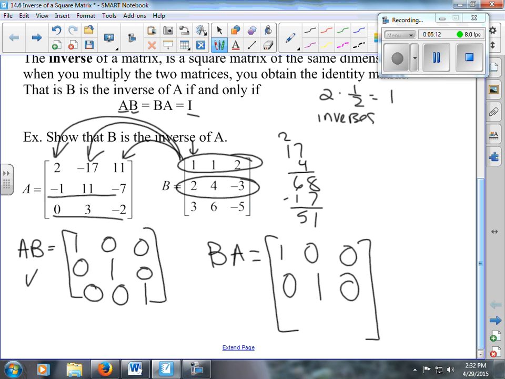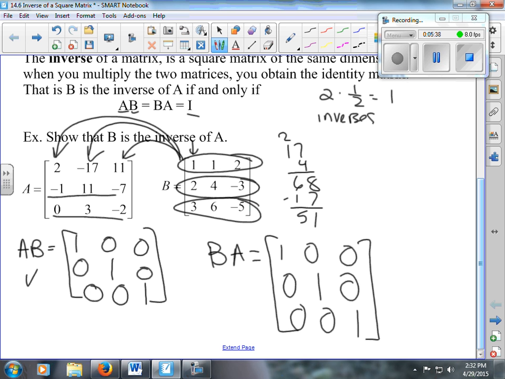And then the last row, times column 1, I get 6 minus 6, 0, and then negative 51 plus 66 minus 15, that's 0. Then 33 minus 42 plus 10 is 1.